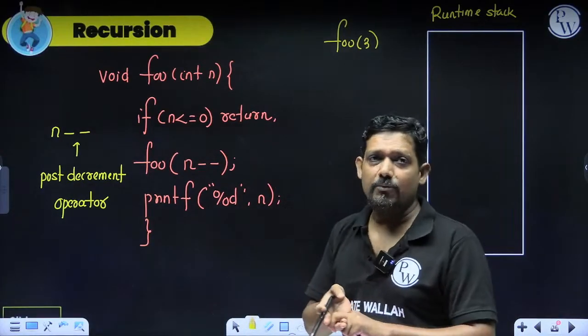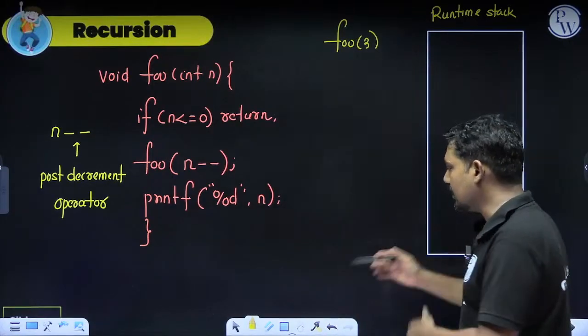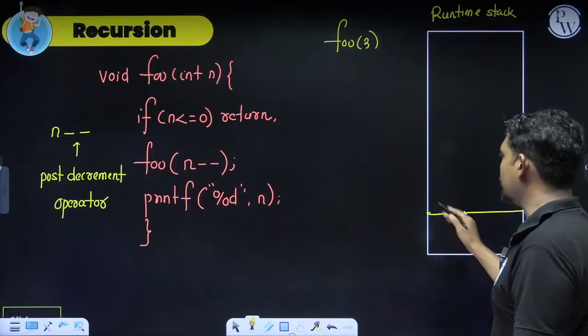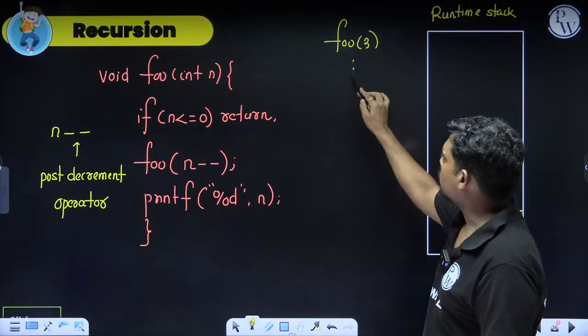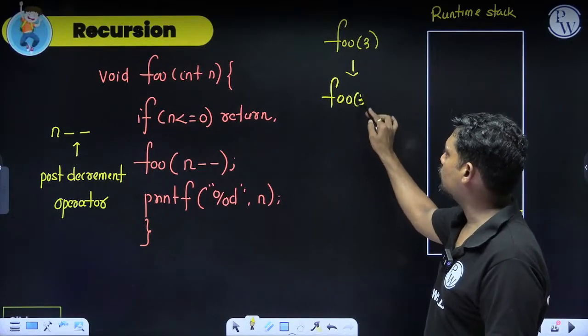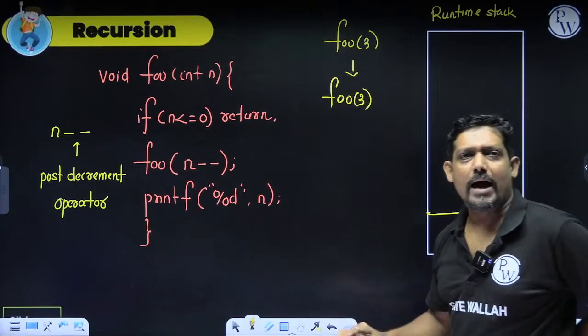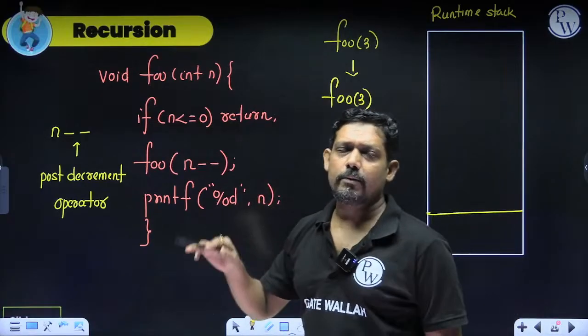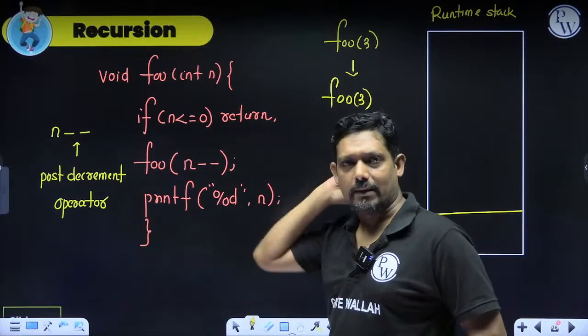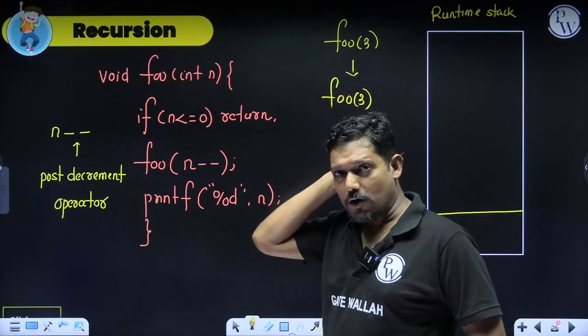Every time you call a function, the information of the function is pushed into the stack. So foo(3) is going to call what? The problem is that foo(3) is going to call foo(3) only. Why? Because post decrement passes the old value but it will decrement.